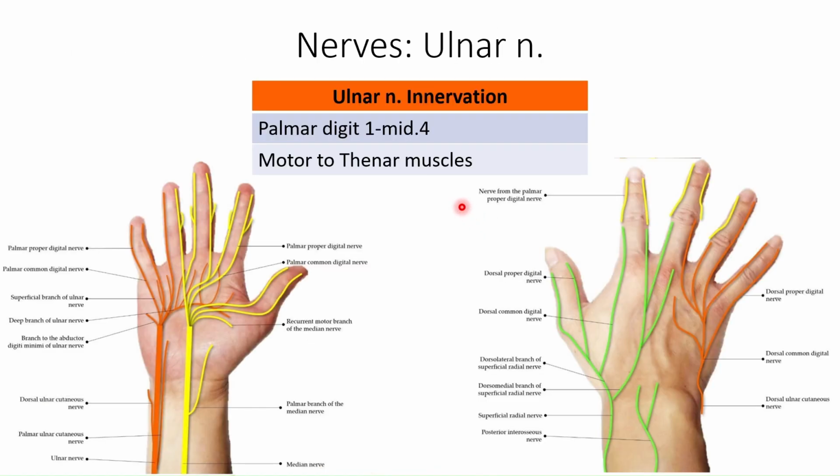After passing through the canal, the ulnar nerve branches out to supply feeling to the little finger and half of the ring finger. Branches of this nerve also supply small muscles in the palm and the muscles that adduct the thumb towards the midline.